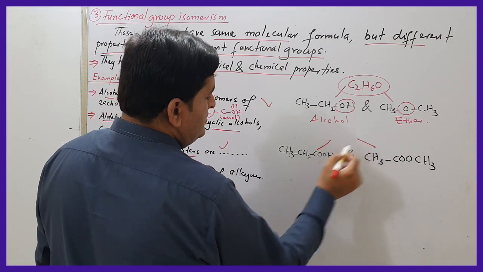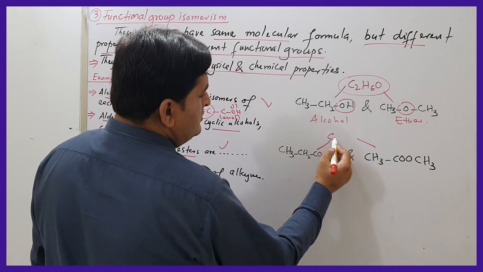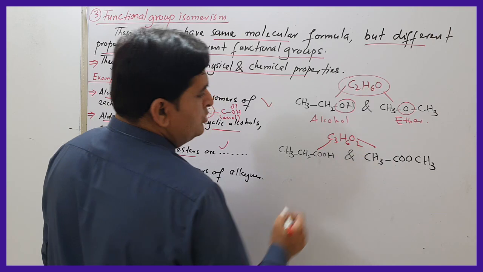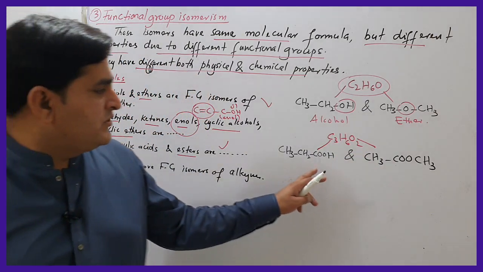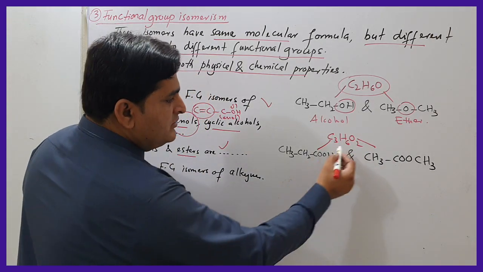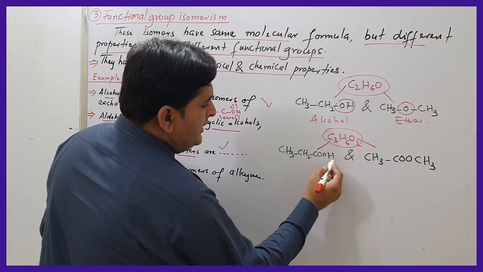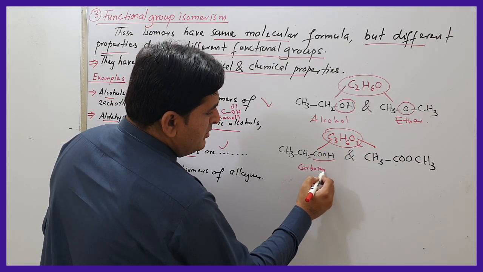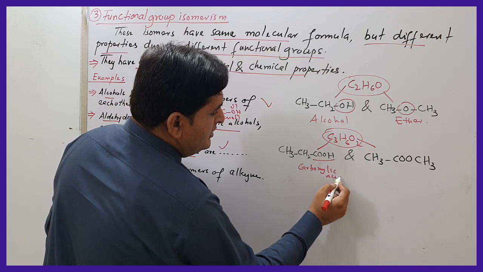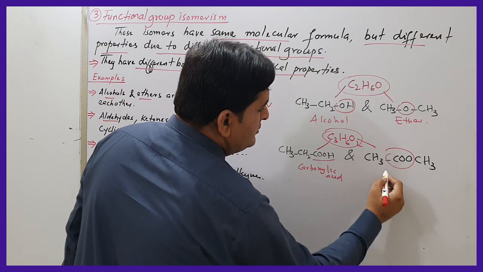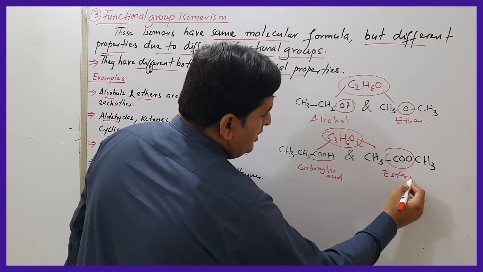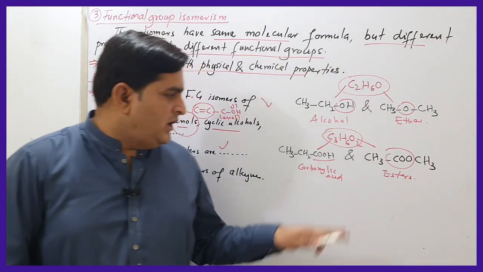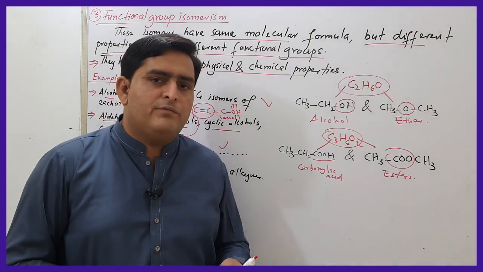How many hydrogens are there? C3H6O2. So both these compounds have the same molecular formula, but here the functional group is a carboxylic acid, and here the functional group is an ester. As we know that different functional groups have different properties, these compounds will have different sets of physical and chemical properties.